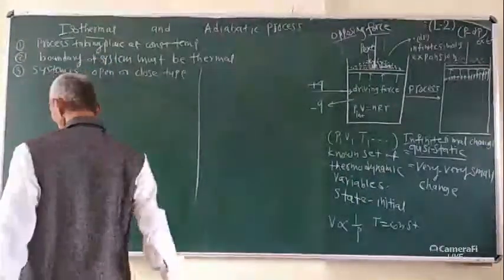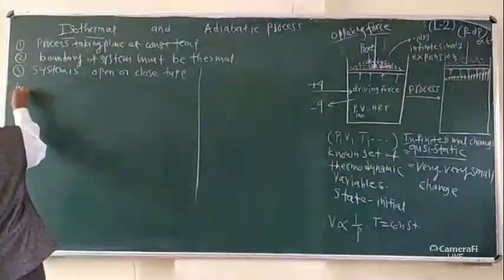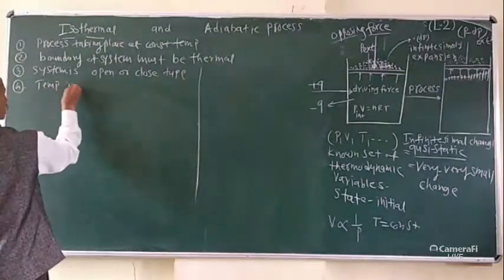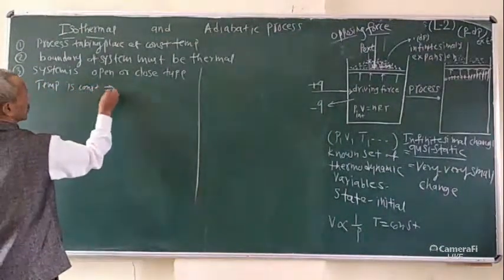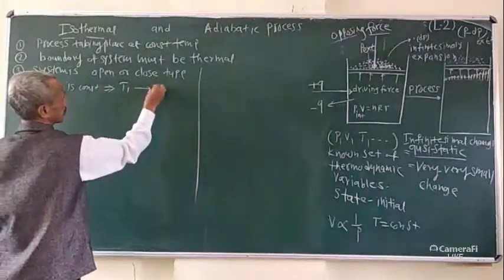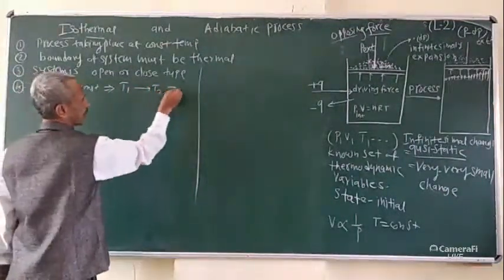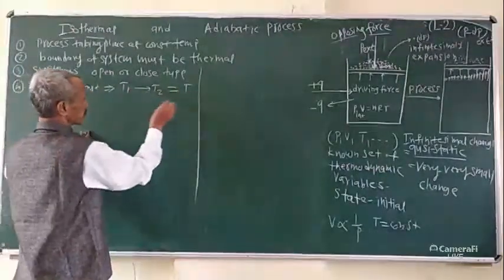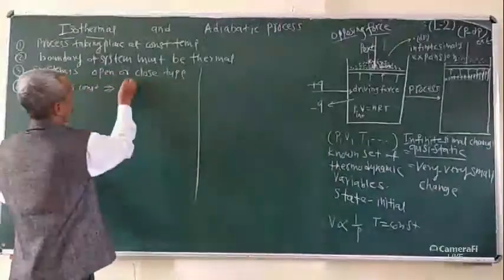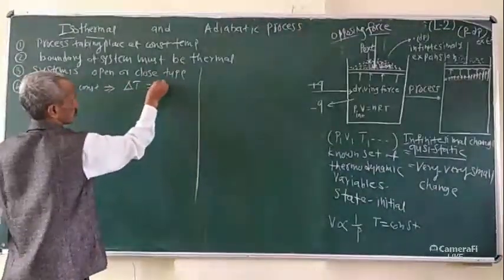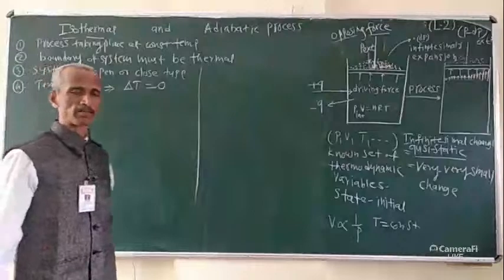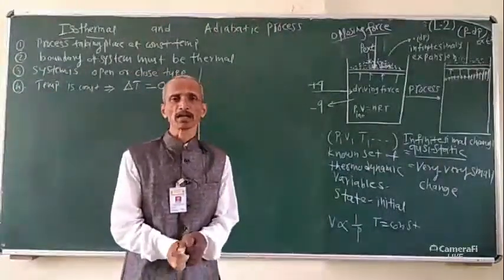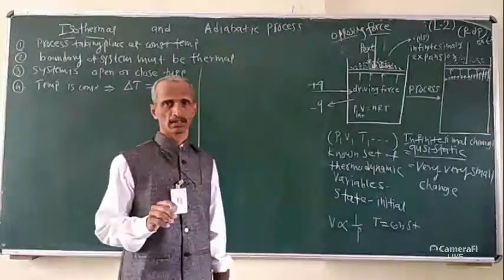Now, at constant temperature, what does that mean? Temperature is constant, which implies T1 and T2 are the same and equal to T. So T2 minus T1 is 0, that is, delta T is equal to 0. As the temperature remains constant, what does it indicate? The internal energy does not change.